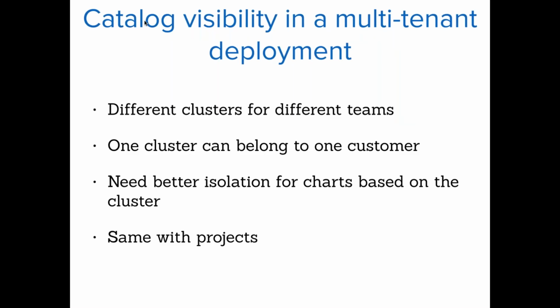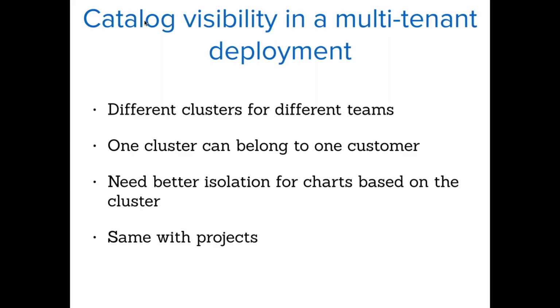But there are use cases where people could require isolation between these catalogs at a cluster level. For example, some companies could be running Rancher in a way that one cluster is dedicated to one team or even a customer, and they want certain catalogs and charts to be available only to that cluster and hidden from the other clusters. So that's why in 2.2, we added the feature which will let you add catalogs at a cluster level.